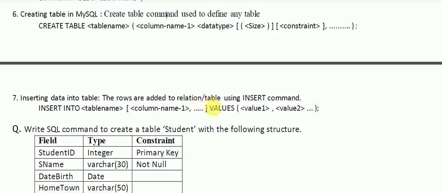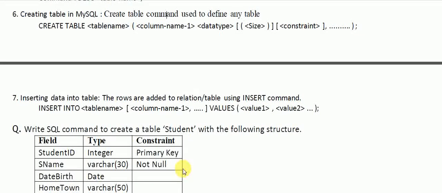Then we have to write the values, it is compulsory. Then we have to put the form of bracket and the values. Here the value will be, suppose here as you can see there are 4 columns, so that's why we have to place here 4 values.